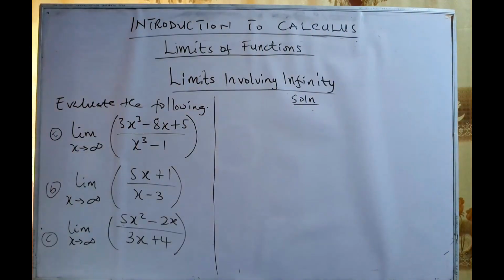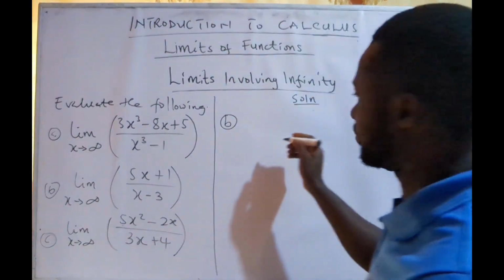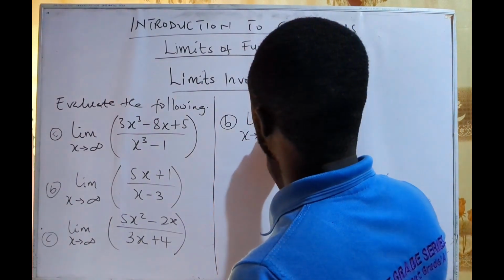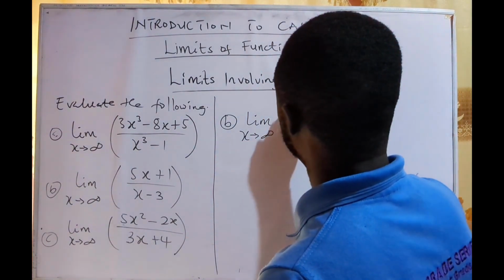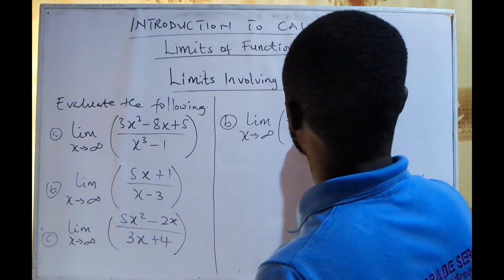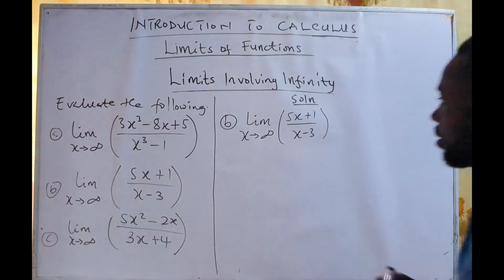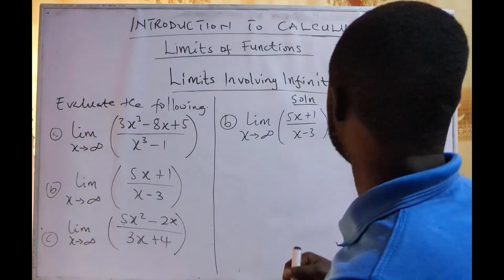Okay, so the B, I have the limit as s approaches infinity. So what is the highest power of s here? It is x. So we are going to divide through by what?